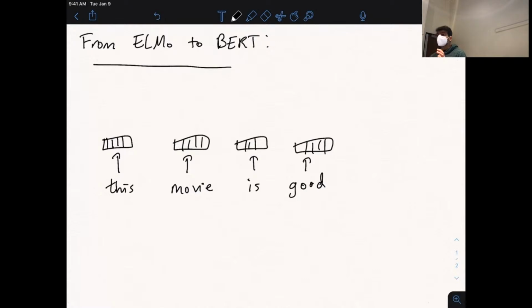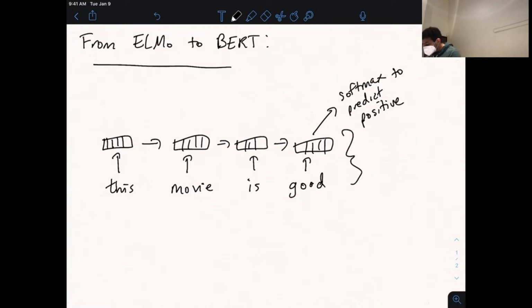So the traditional approach, which we talked about in the last class, was that we would have some sort of recurrent network or some sort of feed-forward network trained over this sentence and other labeled sentiment examples, and on top of the final hidden state of the sentence, we would add a softmax layer to predict positive.